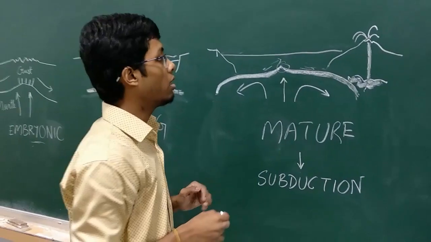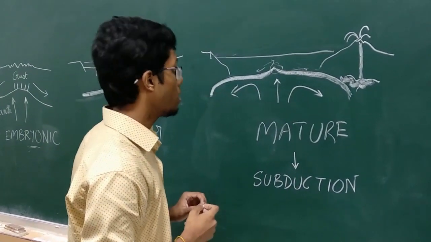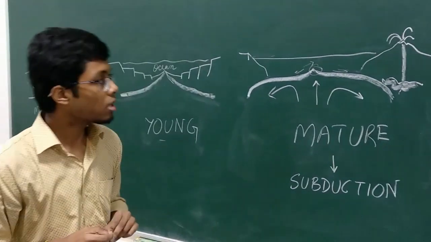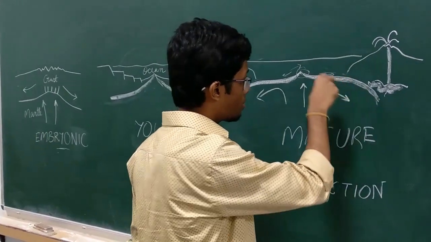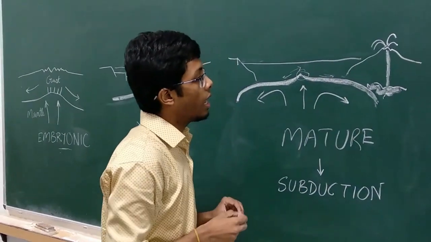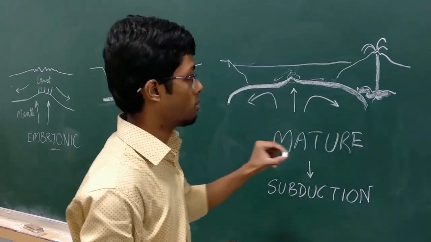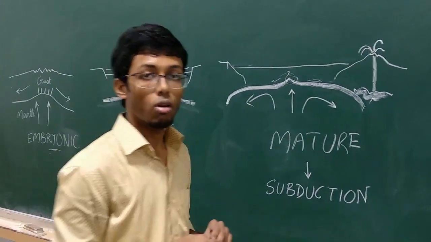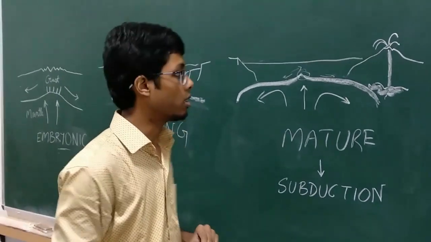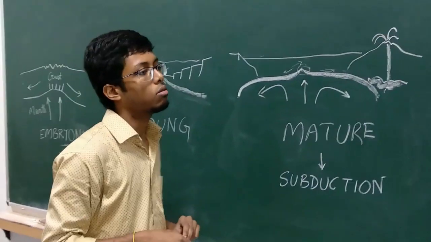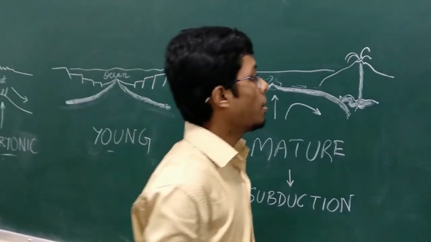So what happens over a period of time is that when the continental crust and the oceanic crust collide, the oceanic crust, being denser, subsides beneath the continental crust, and as it carries water along with it, it lowers the melting point of the rocks, and this in fact leads to volcanism. This type of volcanism is called Andean type of volcanism, and a good example would be the Pacific Ring of Fire, which I'm sure all of you might know.